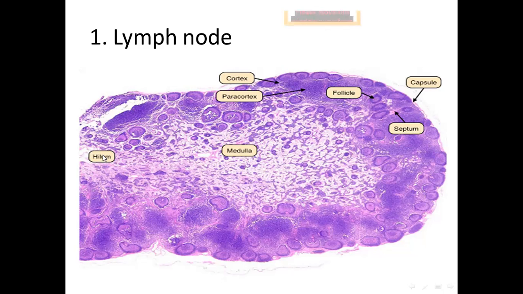While the concave surface of the node is represented by a hilum, it is the site where arteries and veins enter and the efferent lymphatic vessels exit.